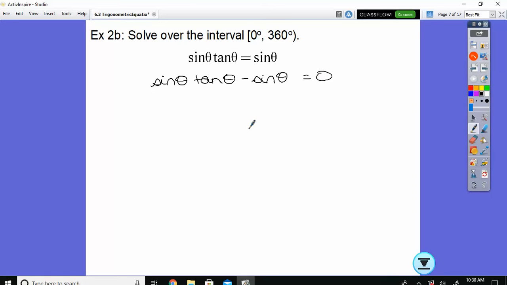There aren't any like terms, so what do we do instead? Opposite of distributing, factor it out. That leaves us tangent theta minus 1. Anytime you get down to two things multiplied equal to 0, we set each one to 0.